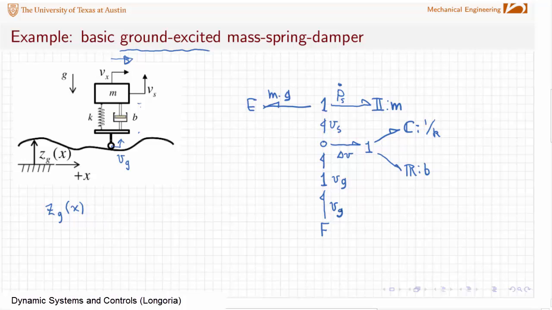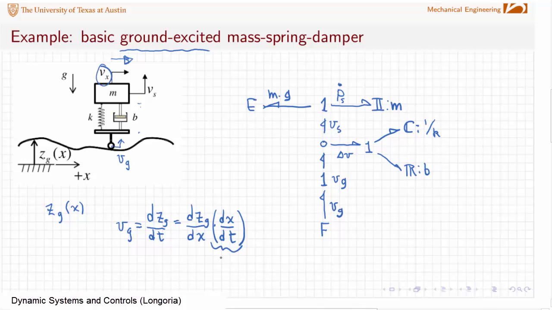Now, how do I find Vg? Well, what is Vg? Vg is the derivative of zg with respect to time. And since I know zg with respect to x, that's a simple chain rule. And this value here is what?